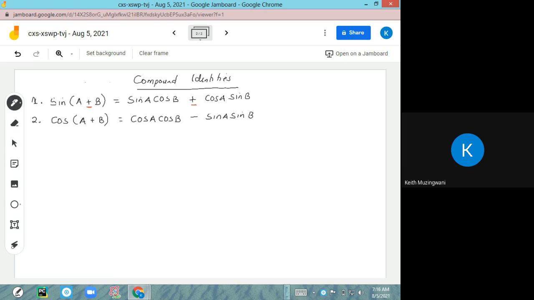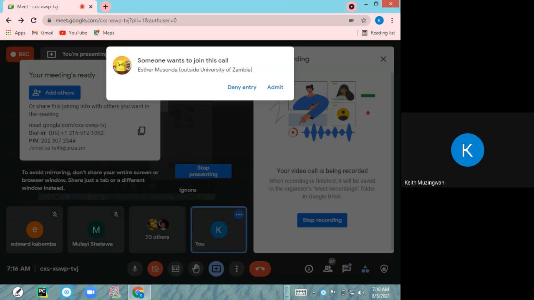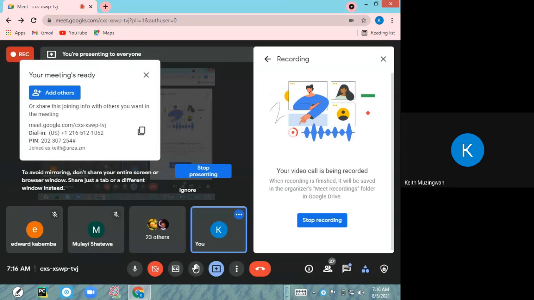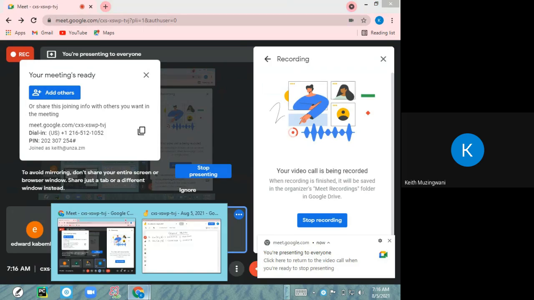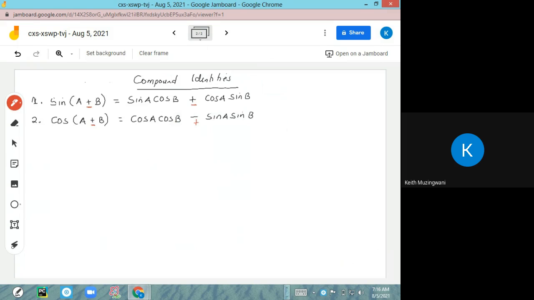If you have plus, it will change it to minus, so that if you have minus here, it will be changed to plus the other side. Okay?